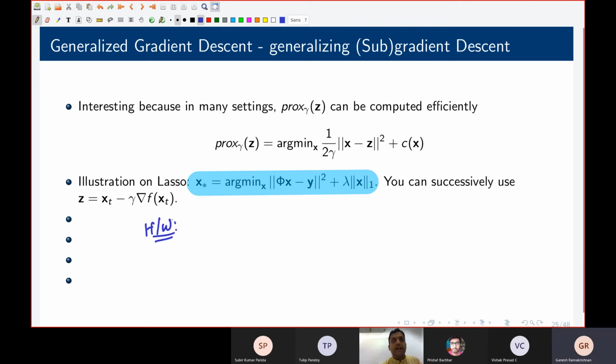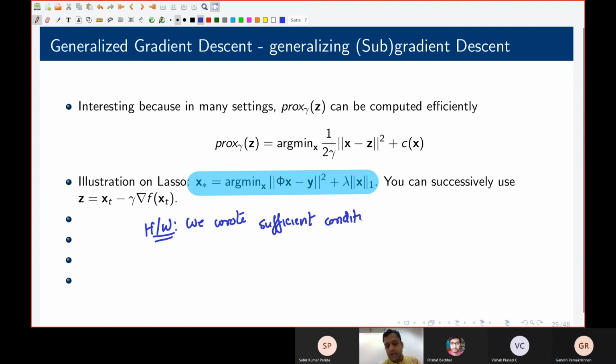We spent a lot of time writing down the subgradient, setting the subgradient to 0. Or rather, wrote the necessary condition. Was it necessary or sufficient? I think it was a sufficient condition, right? Sufficient condition for lasso. What was that exact expression we had done?